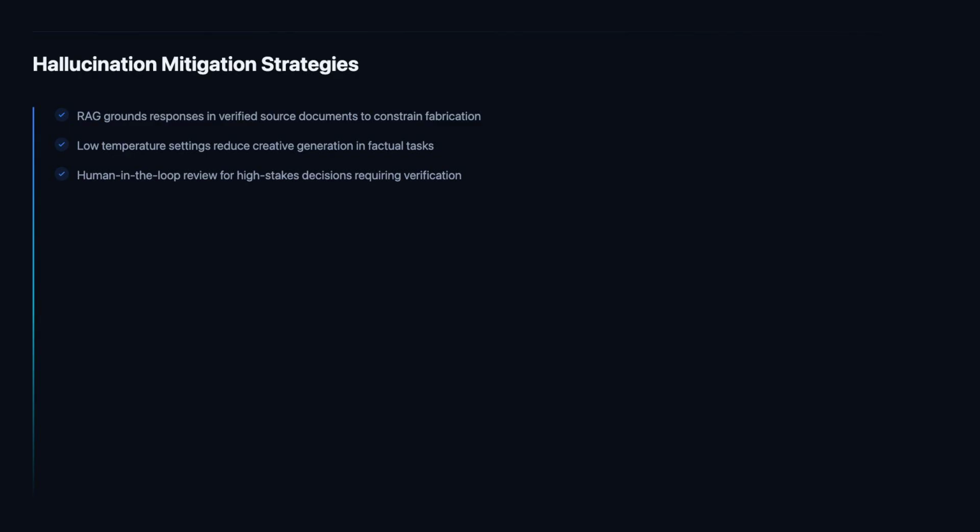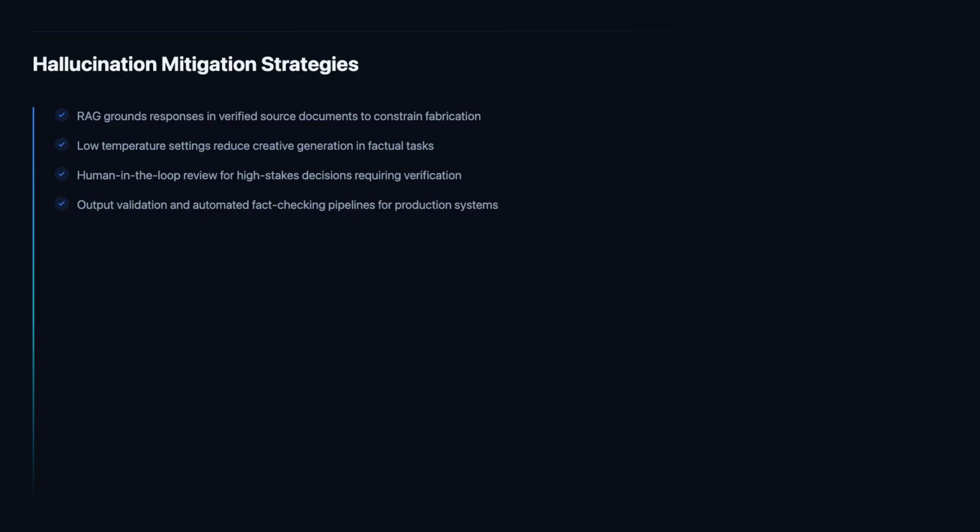This approach captures the productivity benefits of AI while ensuring that consequential decisions retain human accountability and verification. The key design challenge is making the human review step efficient enough that it does not eliminate the productivity gains that motivated AI adoption. At production scale, human review of every AI output is not feasible.